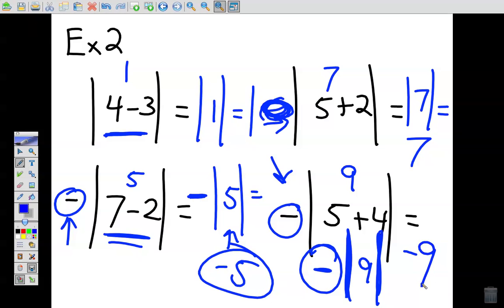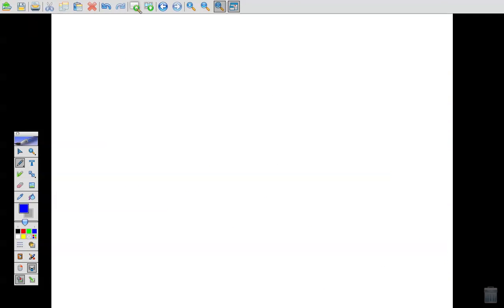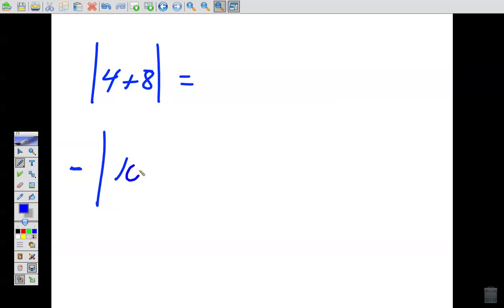Negative 9. All right? I feel the need to do just 1 or 2 more examples like that. If I have the absolute value of 4 plus 8, and suppose I also want you to take the opposite of the absolute value of 10 minus 2, see if you can think of what those 2 answers would be. 4 plus 8 is 12.